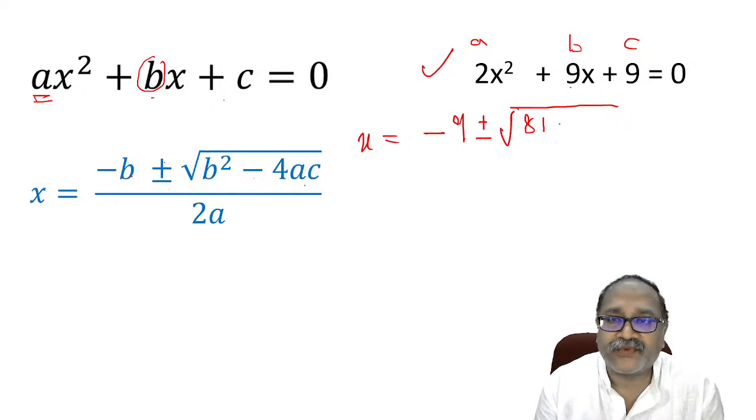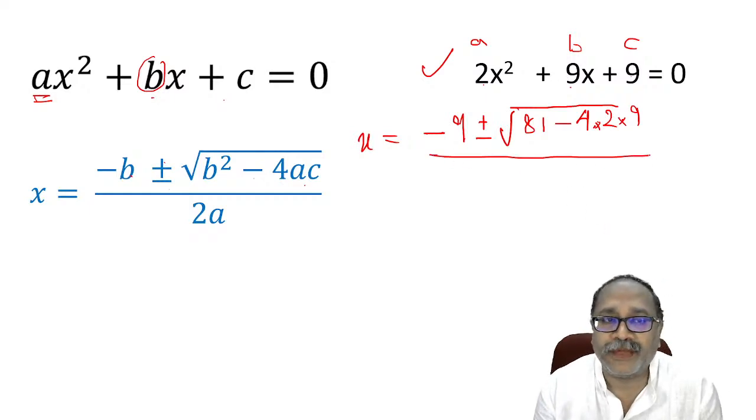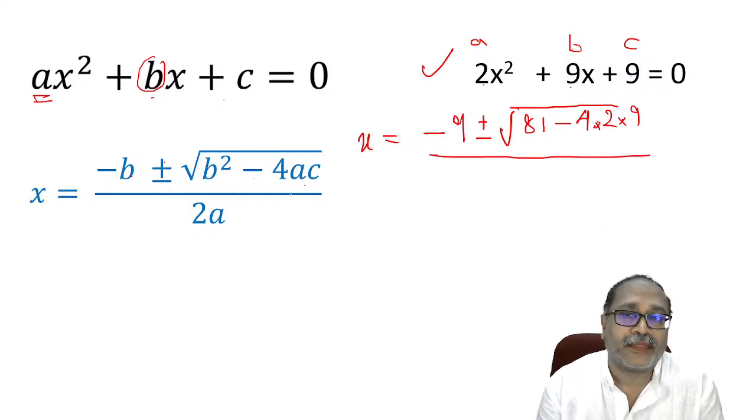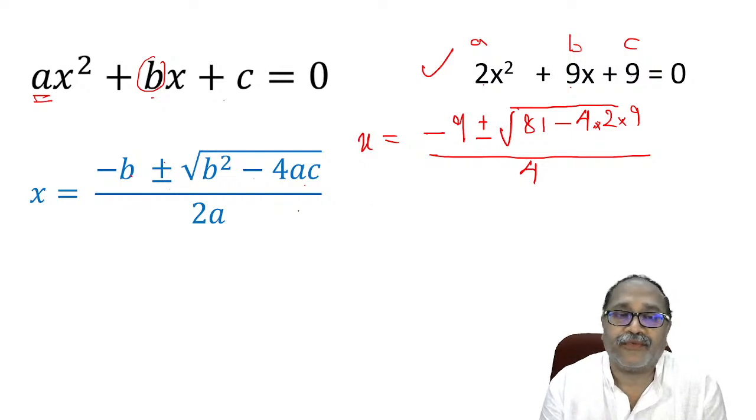Now here minus 4ac, that is 4 into a, which is 2, into c, which is 9. Now 4 into 2 into 9, and divided by 2a, and a is 2 here, so 2 into 2, that's 4. Now, what comes further?